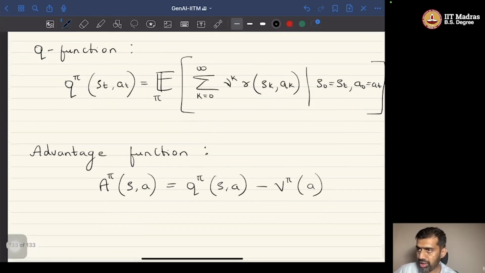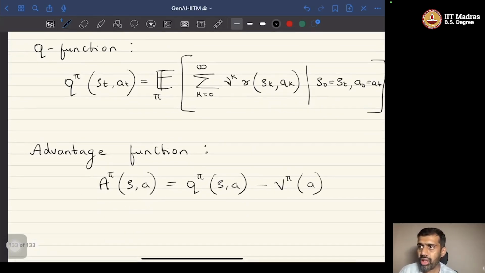Now, this can be interpreted as, sorry, v of s, the value function, is a function of state. So what is the advantage or the extra reward that one has obtained by starting with the particular action a?